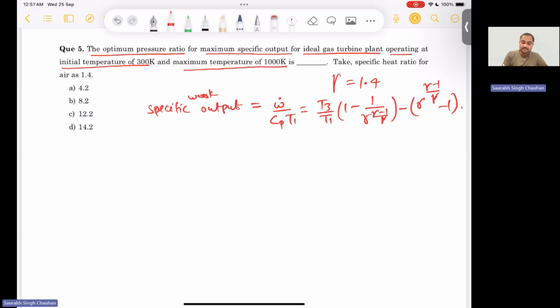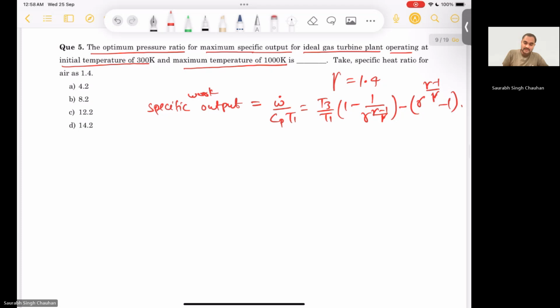And if you want to find the maximum specific work output, then you will have to differentiate this expression with respect to R and make that differentiation equal to 0, right? Because for maxima or minima, that's what we do.